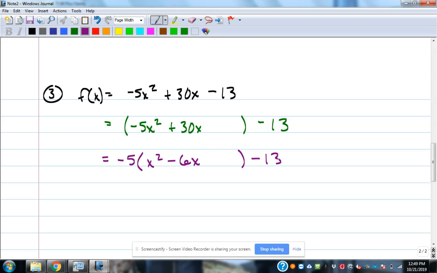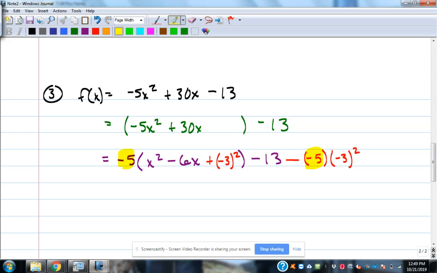All right, half of b squared. What's half of b? Negative 3. So I'm adding negative 3 squared. What do I subtract on the outside? Again, this negative 5 is the negative 5 from the front.